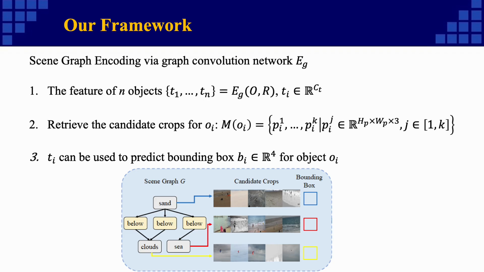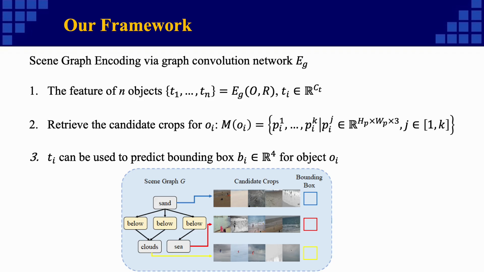To complete the scene graph encoding stage, our method first processes the input scene graph to extract text embeddings for all the n objects. The encoding is completed by a graph convolution network. The features of the n objects are denoted as T1 to Tn, and the feature channel number of the embedding is Ct.